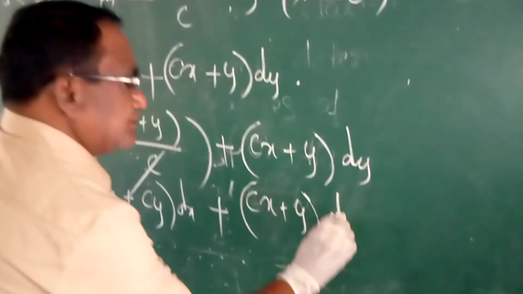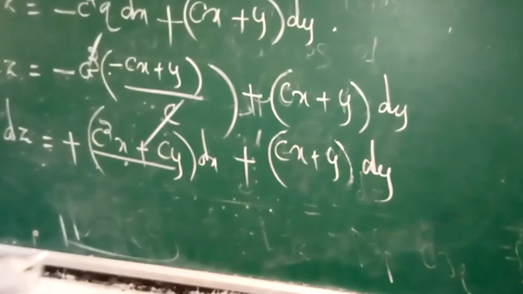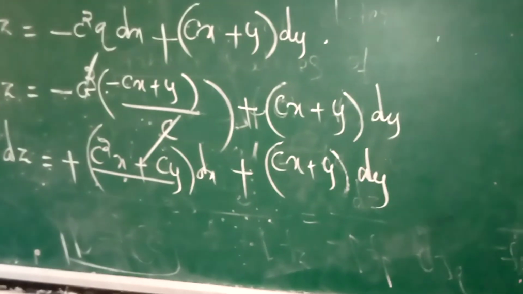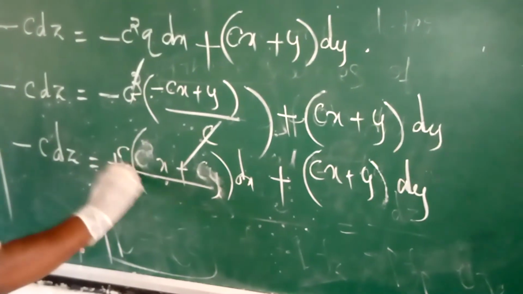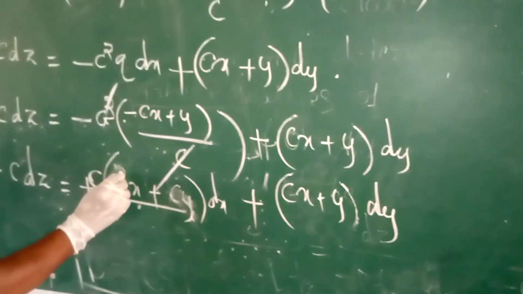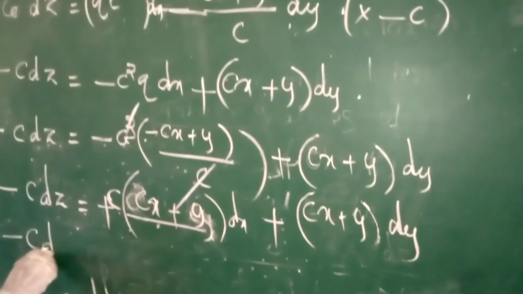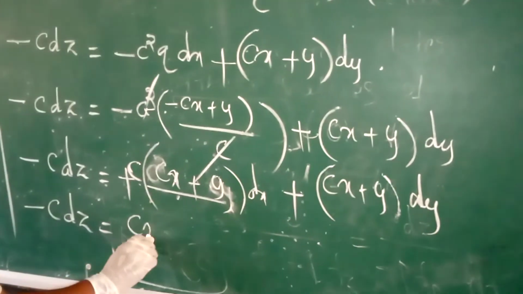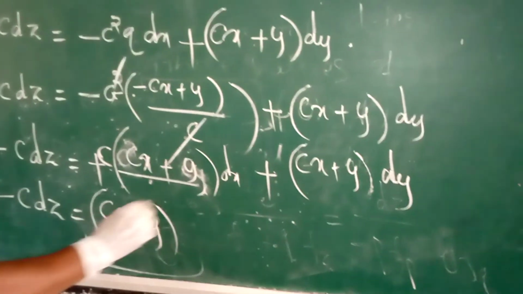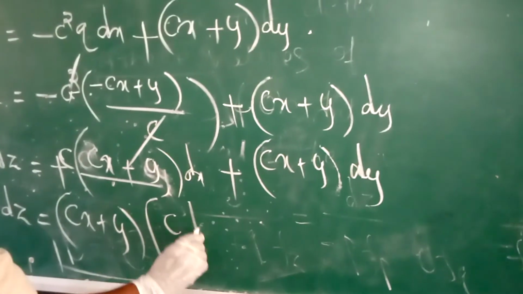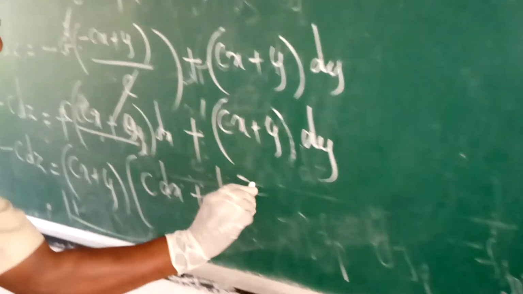Among these two terms, you can observe that Cx plus Y is a common factor. C into Cx plus Y into dx minus C into dz is equal to, taking Cx plus Y as a common factor, what we are left with is C into dx plus 1 into dy.